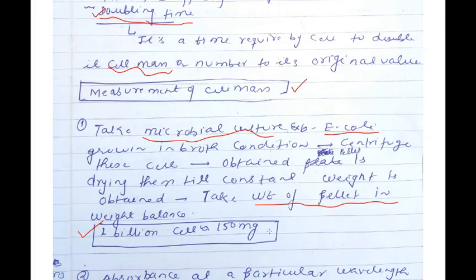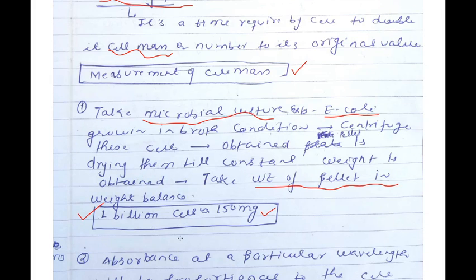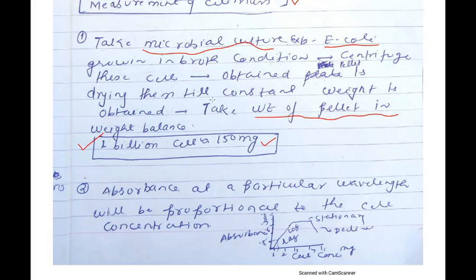What does it mean? आपने आपका जो सेल मास है वो 150 मिलीग्राम आया है. It means that your pellet contains 1 billion cells. So the next method is weight. You can see how much the cells have grown by measuring the weight.